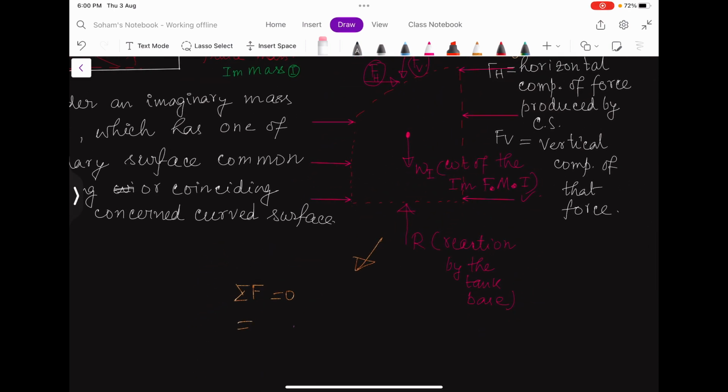Let us do summation of Fy equal to 0 because of static equilibrium.